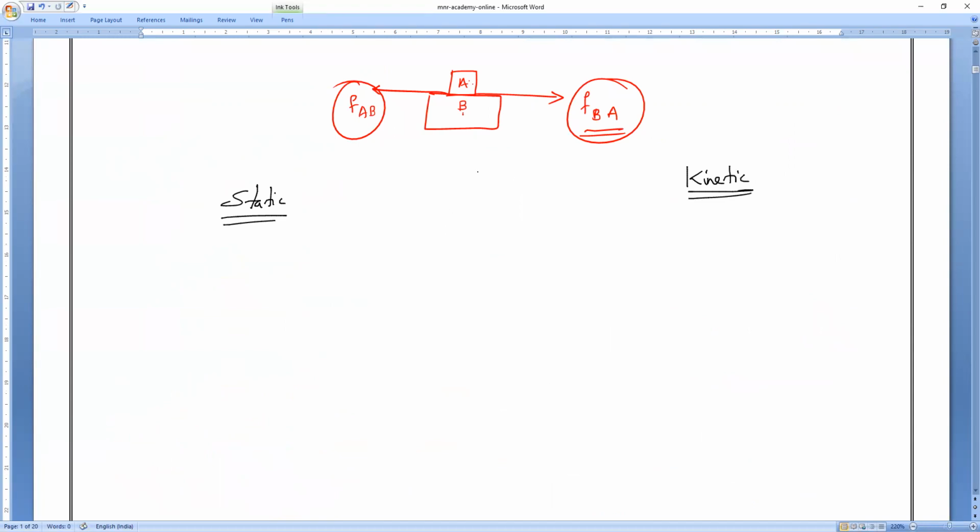Now observe, all of you: static friction means there is a tendency of relative motion. Understand, all of you? It means the bodies are not moving over each other. They have a tendency to move. Do you understand, all of you?